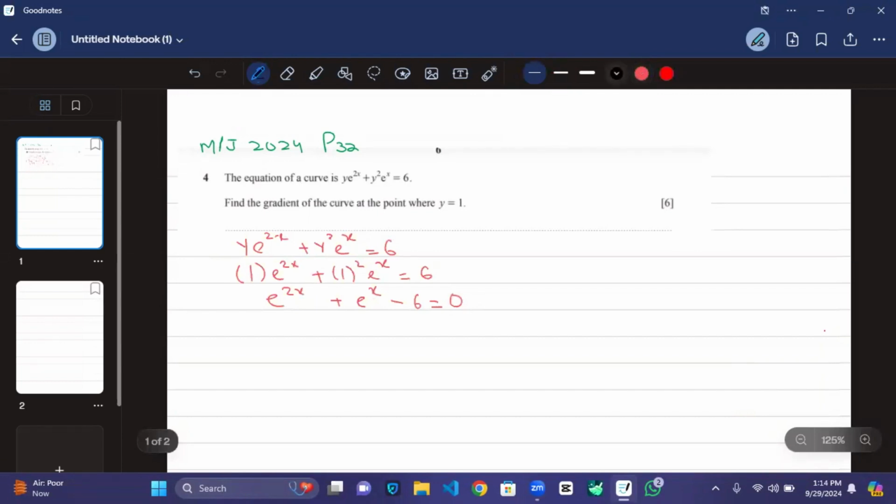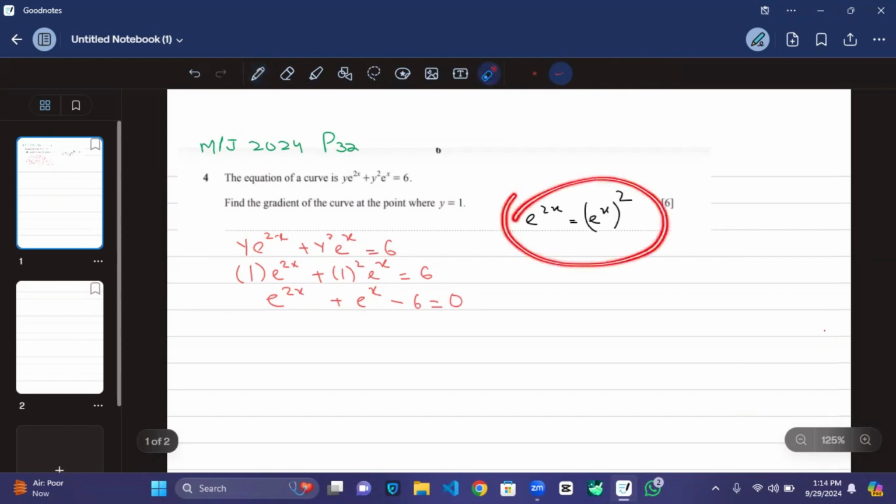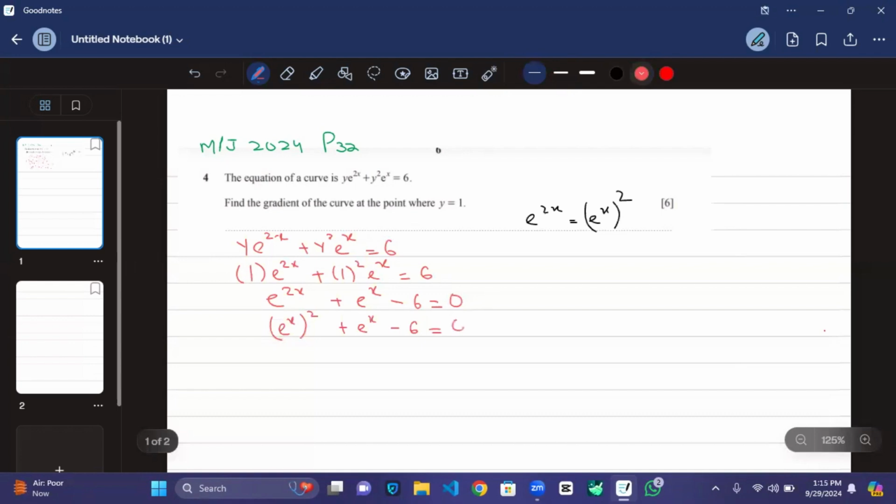Now basically e to the power 2x is exactly the same as e to the power x whole squared. So let's replace e to the power 2x with e to the power x whole squared. So it will be e to the power x whole squared plus e to the power x minus 6 is equal to 0.